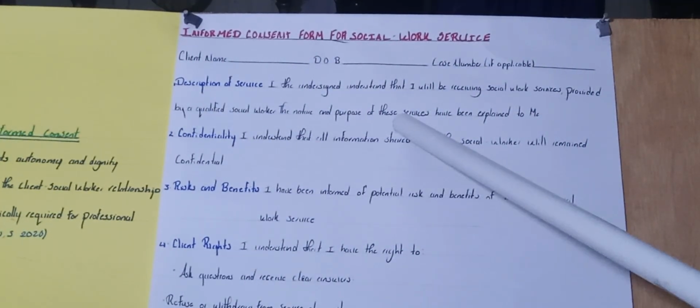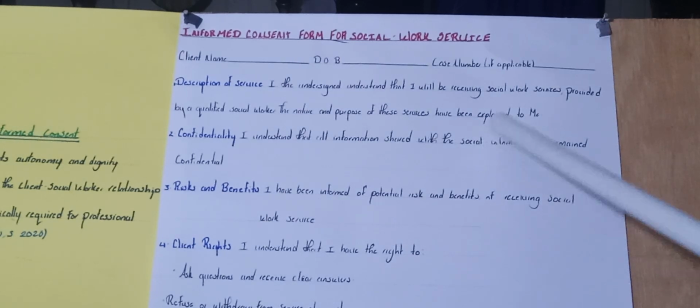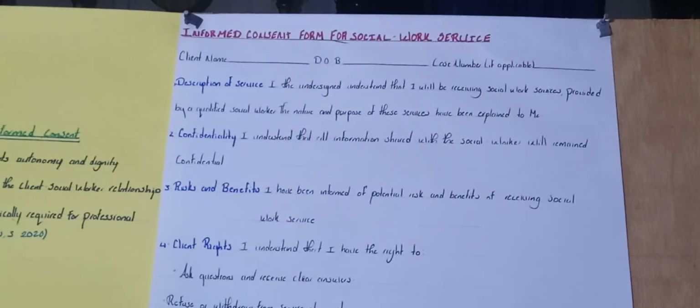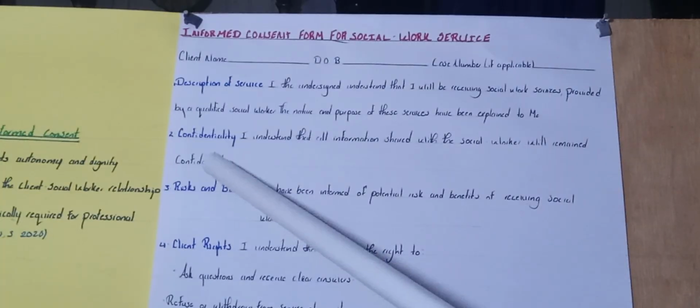I, the undersigned, understand that I will be receiving social work services, etc. For example, it can be I will be receiving clinical service from the social worker. If the social worker is a clinical psychologist or a clinician, then it will be said that way.